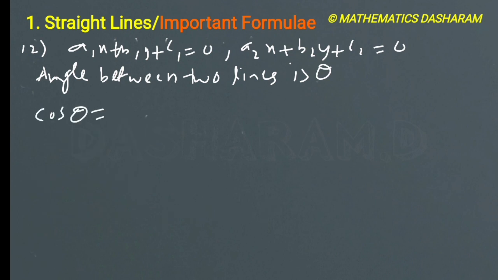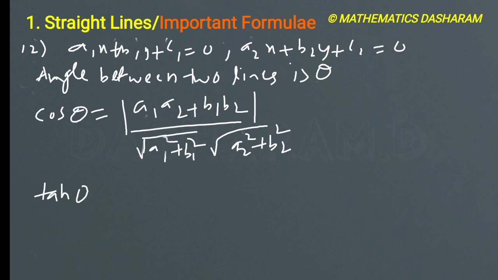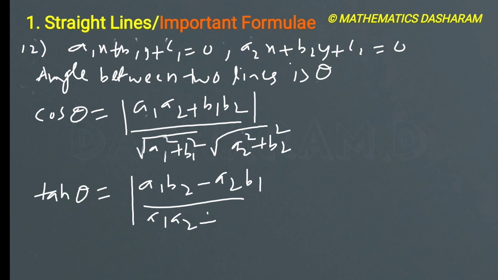One is cos theta equals mod of (a1 a2 plus b1 b2) divided by under root (a1 square plus b1 square) into under root (a2 square plus b2 square). One more formula to find theta is tan theta equals mod of (a1 b2 minus a2 b1) divided by (a1 a2 plus b1 b2).